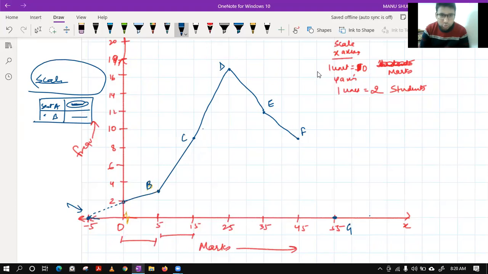So this is your point A that you will get on your scale on the y-axis, and this will be your ending point. So you are showing it like this.